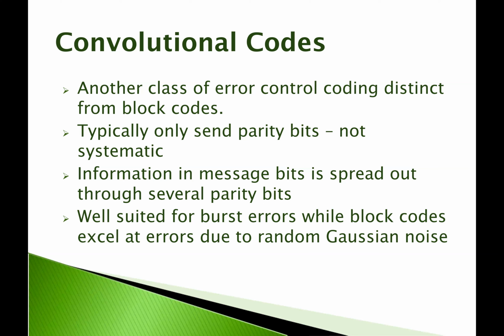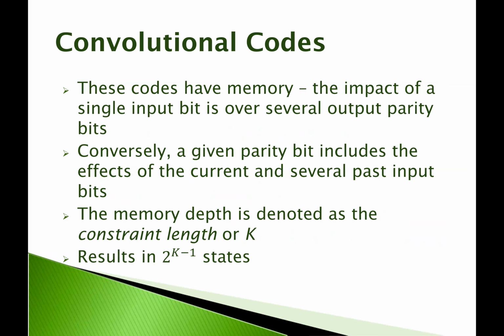That's in contrast to random Gaussian noise, where these interferences are just due to random noise and not dependent upon previous ones. In other words, it kind of has a Markov dependency. So these codes have memory.